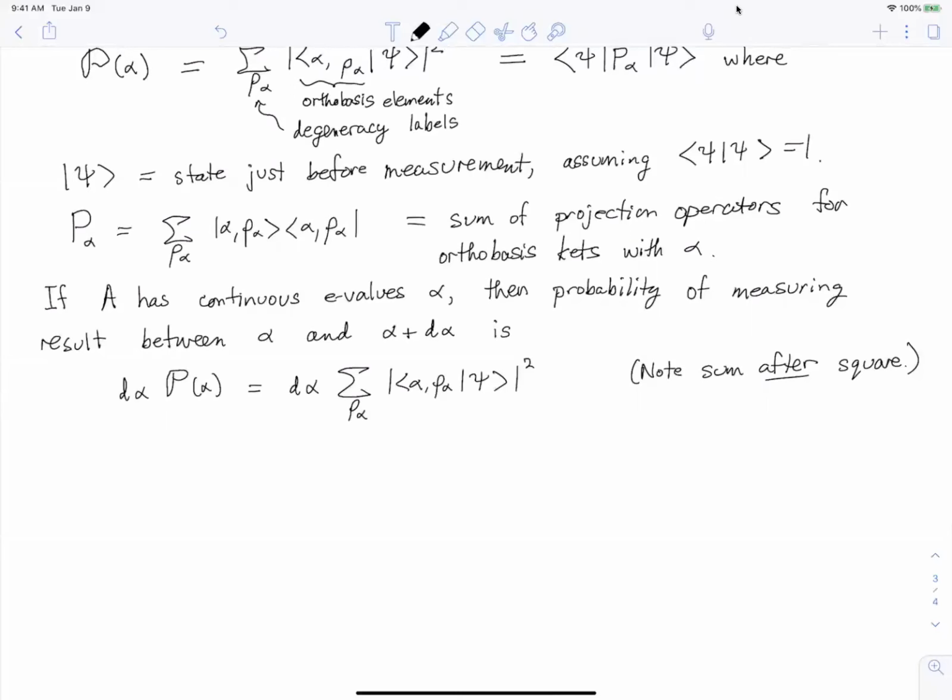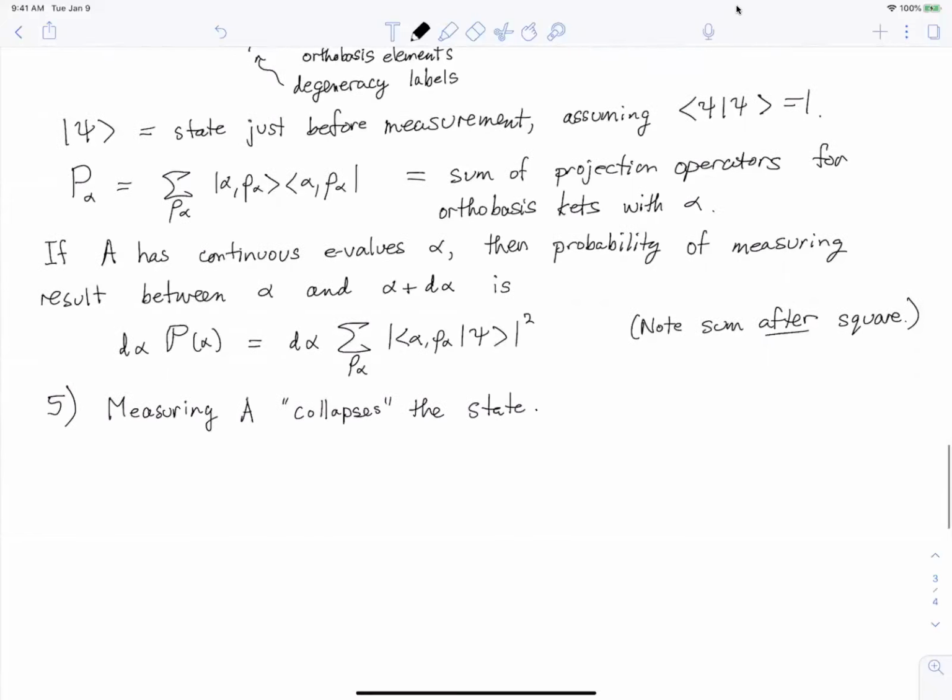Okay, postulate 5 says what happens after you make a measurement. Measuring A is said to collapse the state. What does that mean?